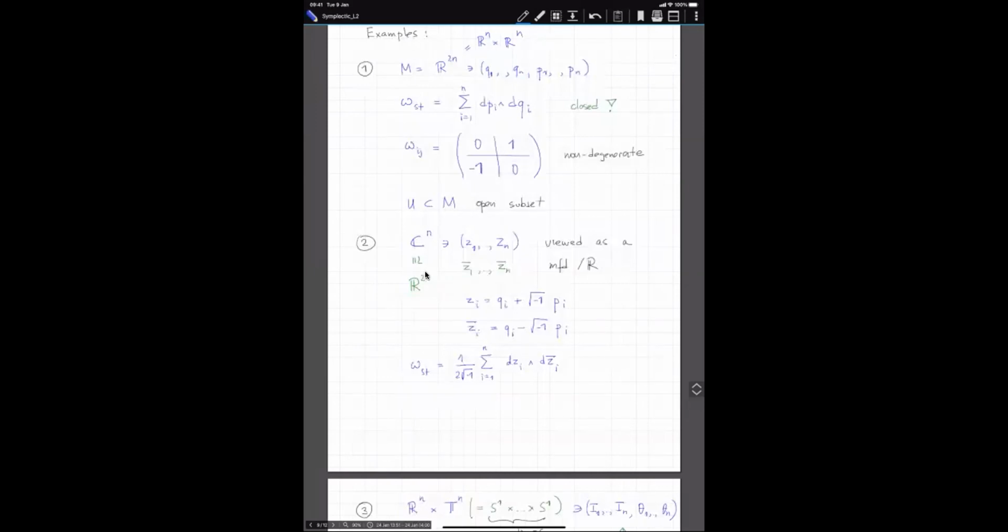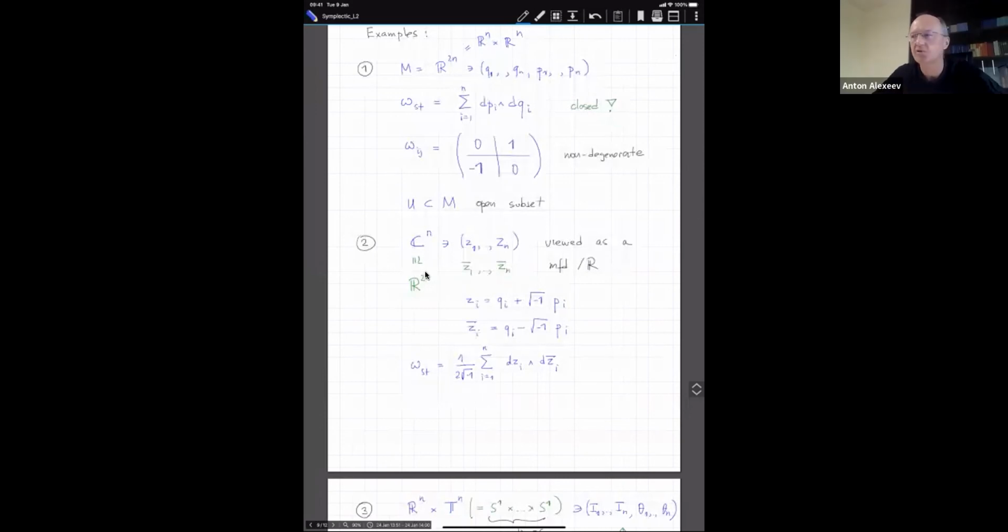Because its second homology group is 0. Ah, of course. We can calculate it using Mayer-Vietoris, or we have the Künneth formula, right? H2 of the circle is clearly 0 for dimensional reasons. And for the sphere S3, H2 is 0 too.